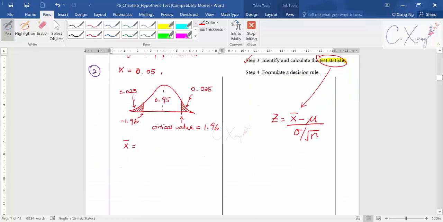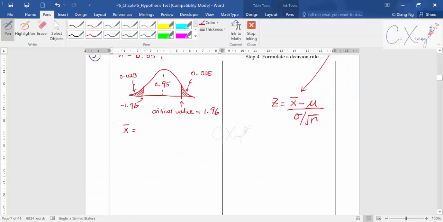So for the sample mean, it will be something like 119 plus 131 plus and so on until 103, then divided by 10 because it is using a sample with 10 patients, 10 sufferers. So divided by 10. So the sample mean that you get for this part is actually 108.5.